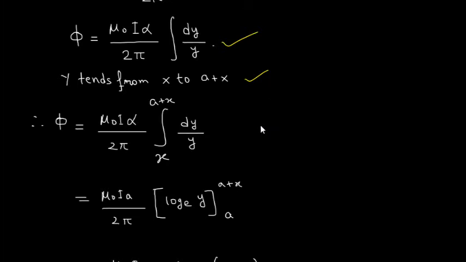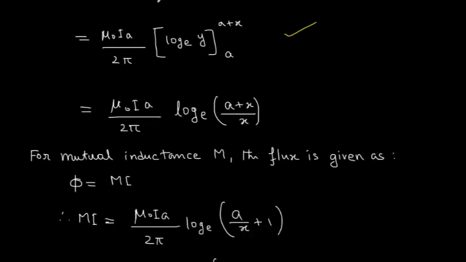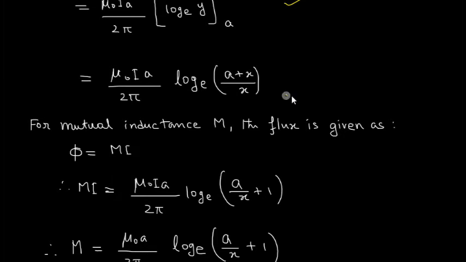Phi is equal to mu naught I a upon 2 pi times the integration of dy by y, which is mu naught I a upon 2 pi log e y, with lower limit x and upper limit a plus x. So phi is mu naught I a by 2 pi log e of (a plus x) upon x.